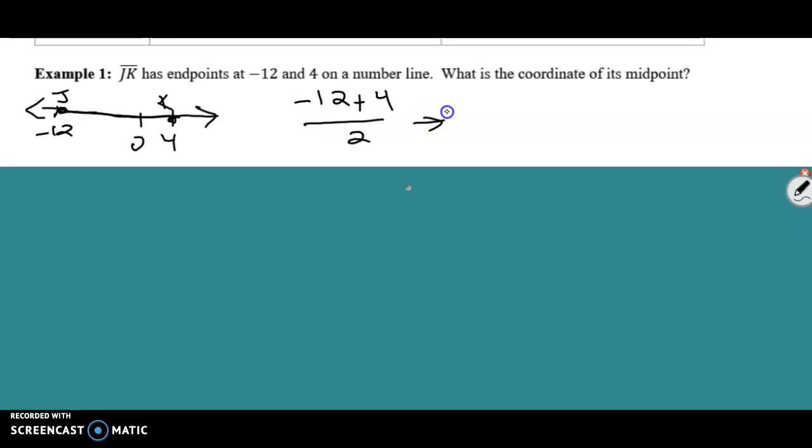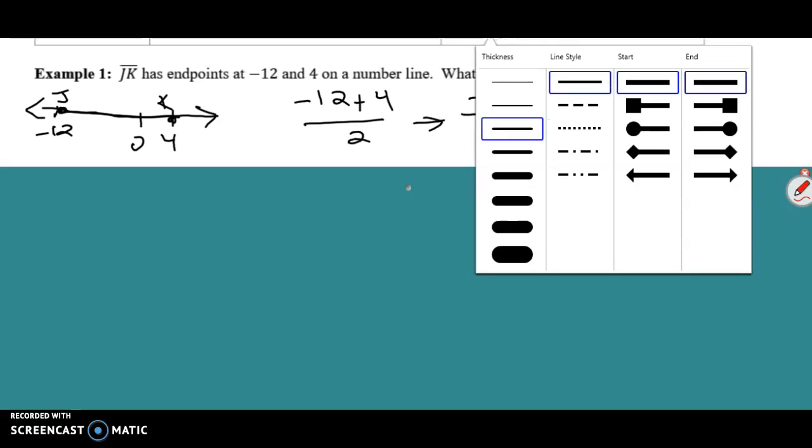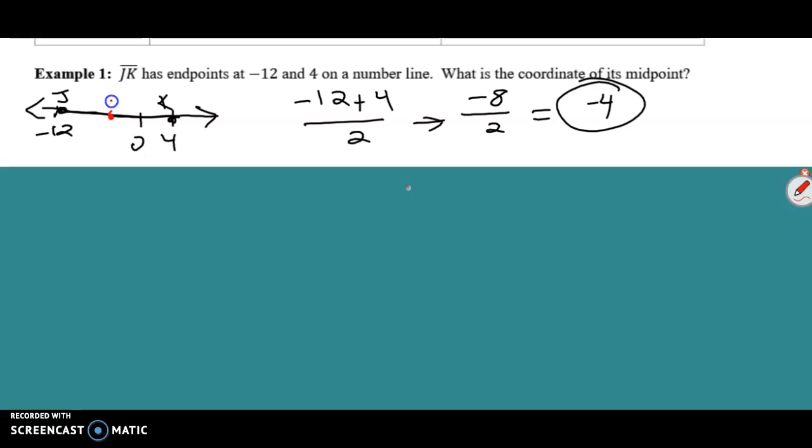Well, what's -12 plus 4? -8 divided by 2, so that is -4. So -4 is going to be the midpoint of that segment. So M is going to be -4.